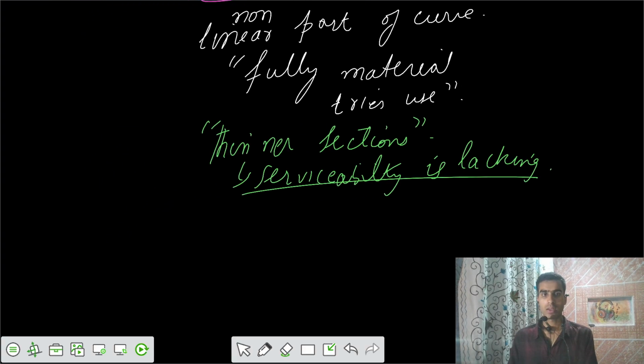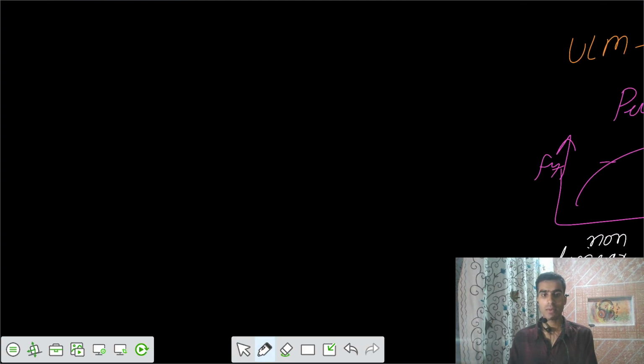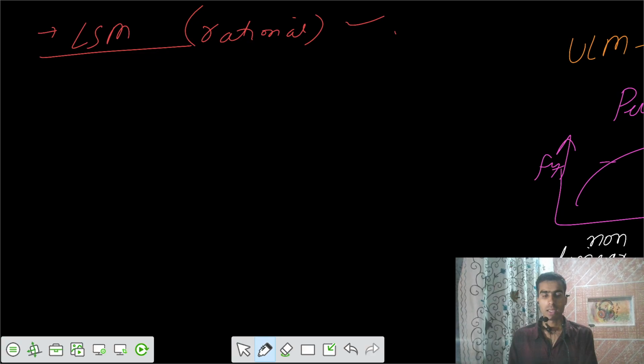Now the third one is what you call the limit state method. The limit state method is a rational method over the other two.